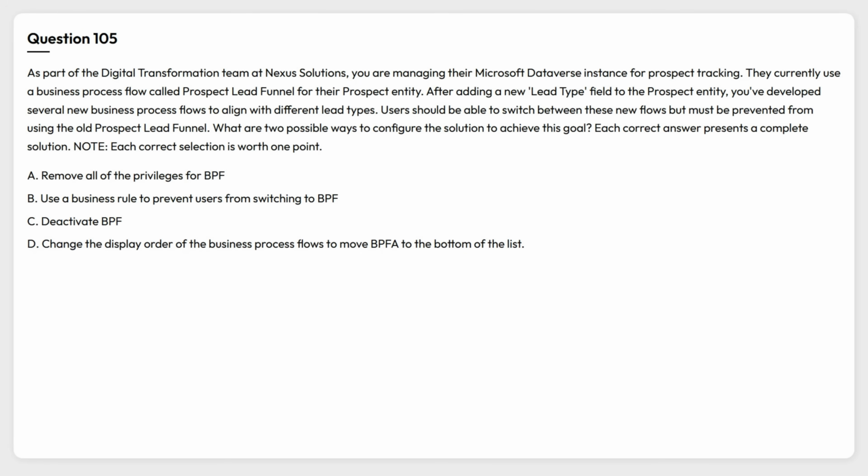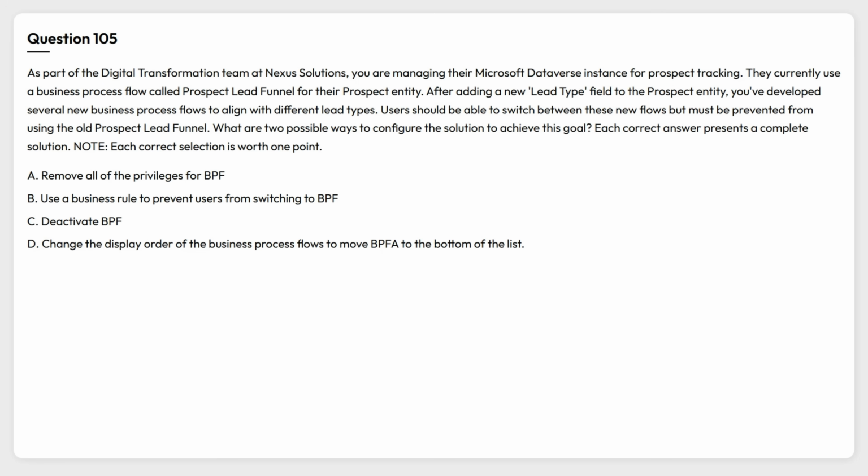Question number 105. As part of the digital transformation team at Nexus Solutions, you are managing your Microsoft Dataverse instance for prospect tracking. They currently use a business process flow called Prospect Lead Funnel for their prospect entity.